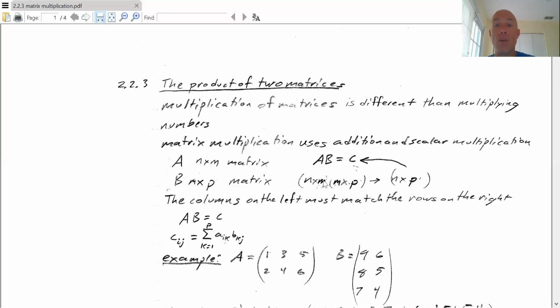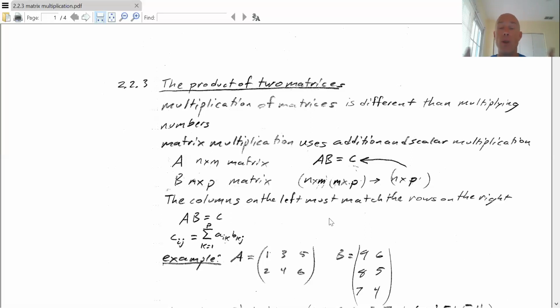It's not actually correct, but it's an easy way to think about it: the m's cancel out with each other, and that gives me the dimension I get over here. So A has n rows, m columns, B has m rows, p columns, and the product of A and B is going to have n rows and p columns. The columns on the left, that's A, must match the rows on the right, that's B.